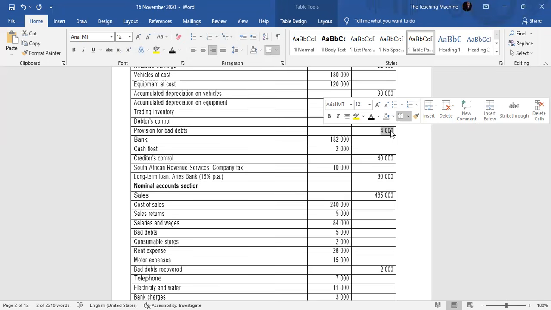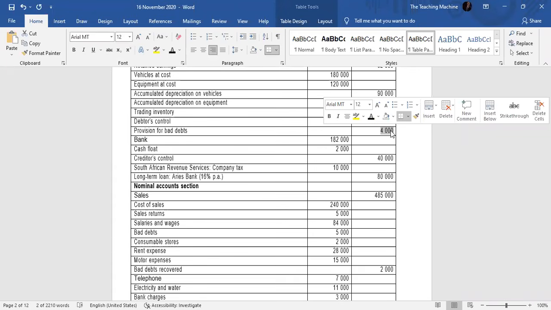Now that we have suffered from bad debt, we are leaving a space for disappointment. We are leaving a certain portion of money that might not be collected from debtors. If we have suffered a lot of bad debt, will you estimate a full payment from your debtors? No, you will estimate a certain portion that we call a provision for bad debt. So that portion is an estimation that might not be received from debtors.